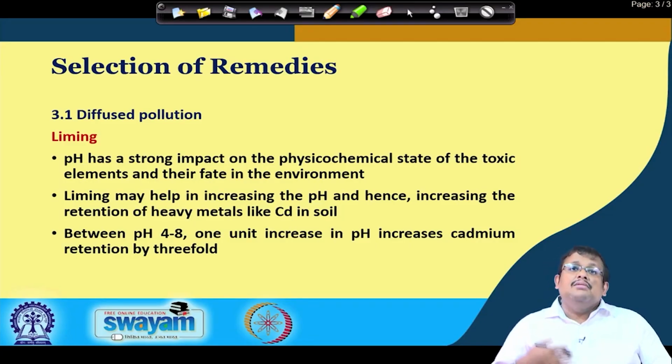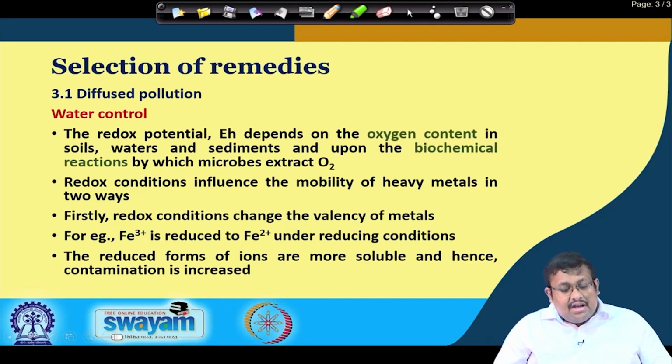By controlling the liming condition, you may potentially increase the retention of different heavy metals. So, that is very important to note while you calculate the liming materials for applying in the field. Now, what about the water control?